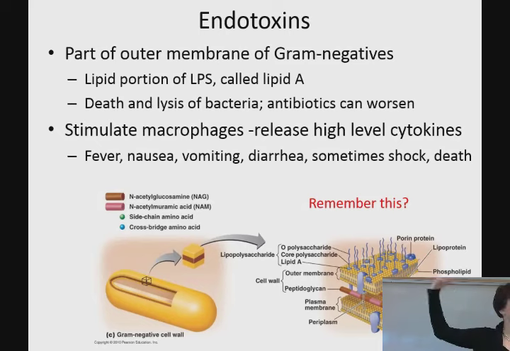It sends out a signal that travels through the body because it's soluble and calls other white blood cells to the site. This is similar to what those superantigens do, which is they cause an immune response. So you get similar symptoms: fever, nausea, vomiting, diarrhea, sometimes shock and death. But you need a lot more endotoxin to have the same effect as a superantigen type of exotoxin.